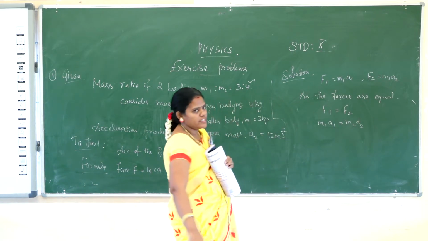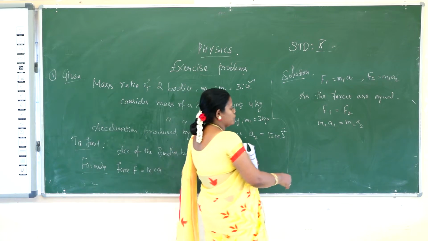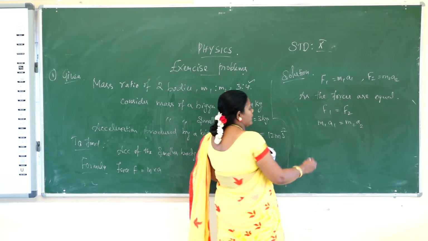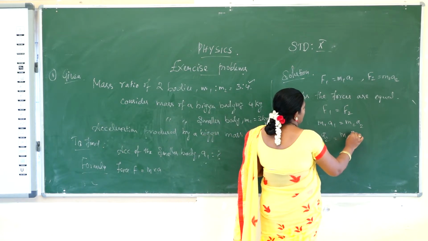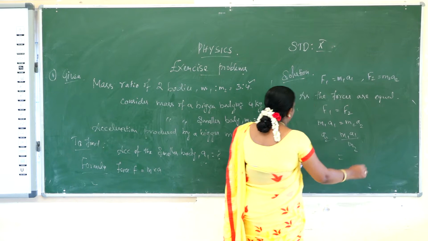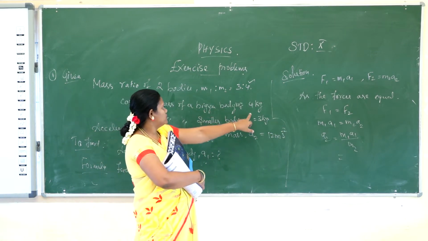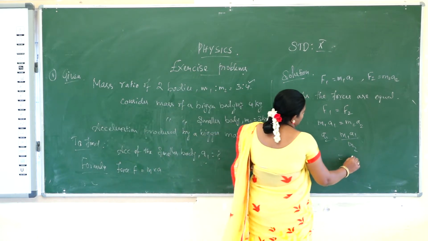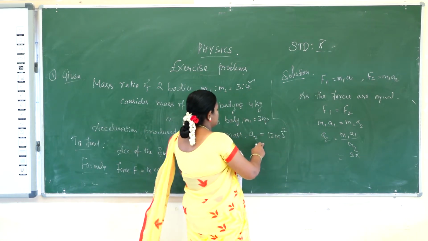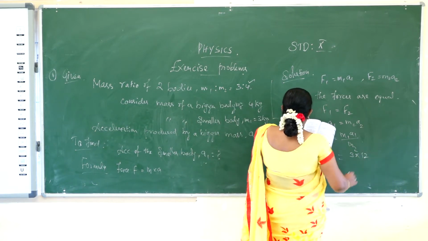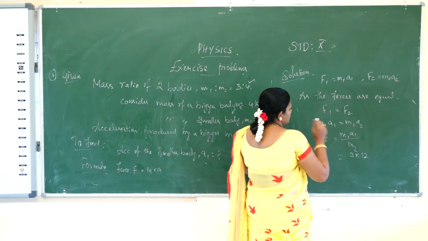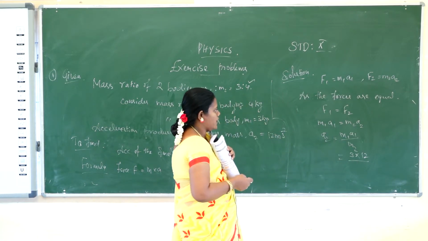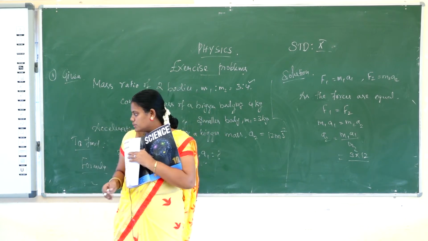Substitute all the values and we will calculate the unknown value. We want a1, since the m1, m2 and a2 values are there.